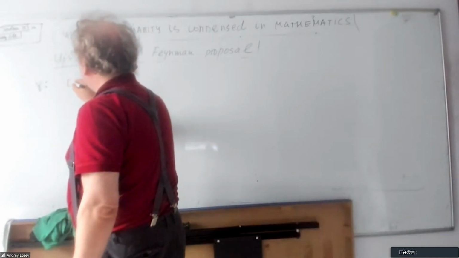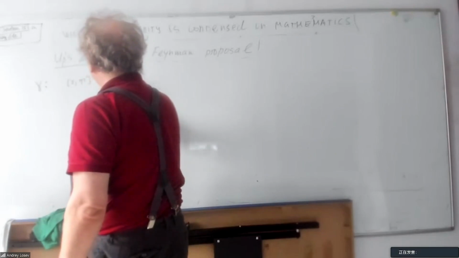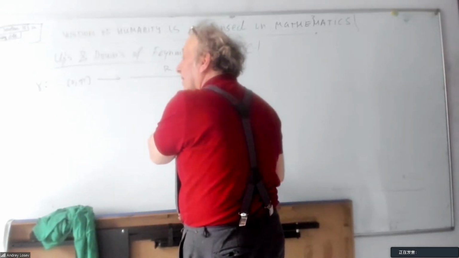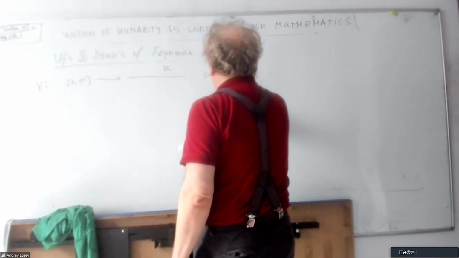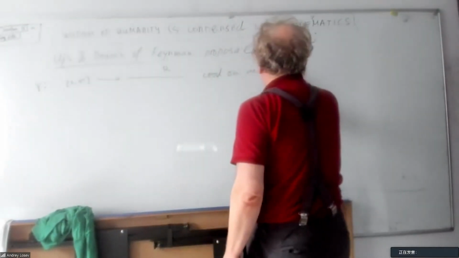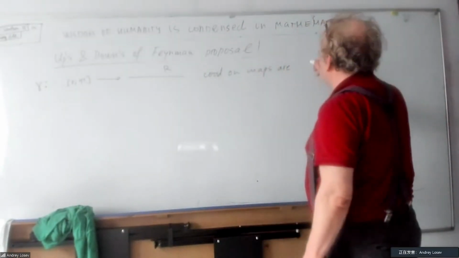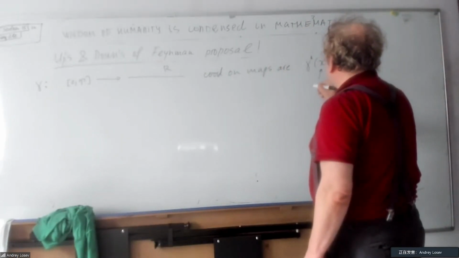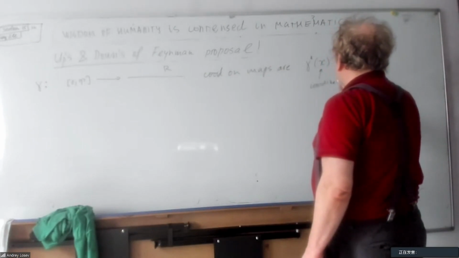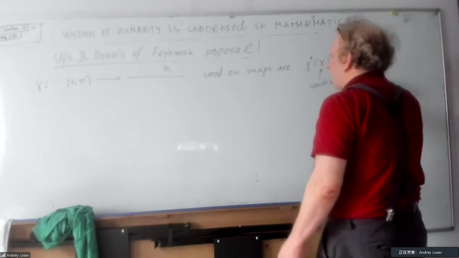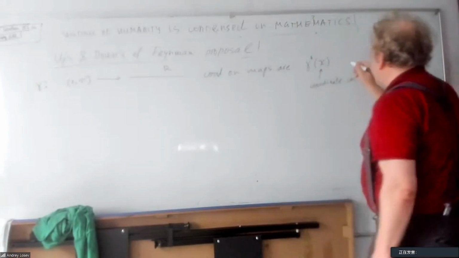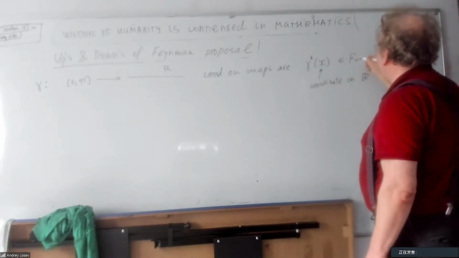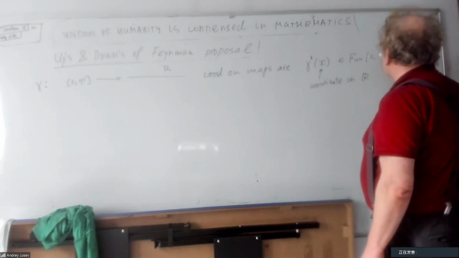If you have a map from an interval to R, then coordinates on maps are pullbacks of x over this axis coordinate on R. So they belong to functions of the interval.